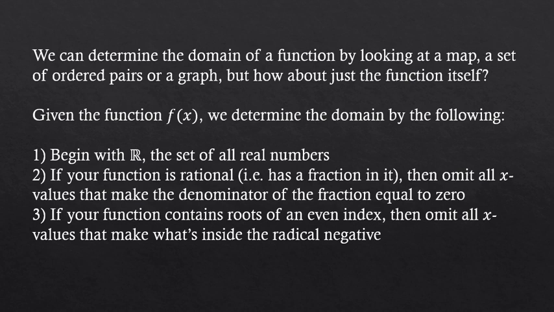That would give us a complex number, and we're concerned about real numbers, real valued things here. So if you have a square root or a fourth root or just a root of even index, take what's inside of that root, set it to be less than 0, and then solve for x. Those x values that you come up with, you have to omit. You have to throw those guys out.